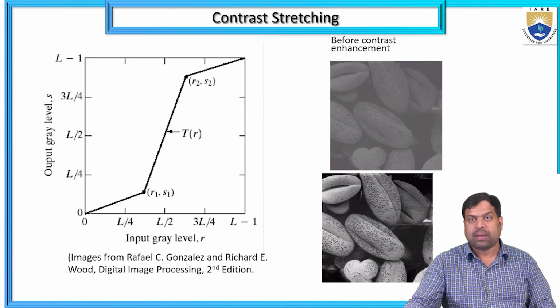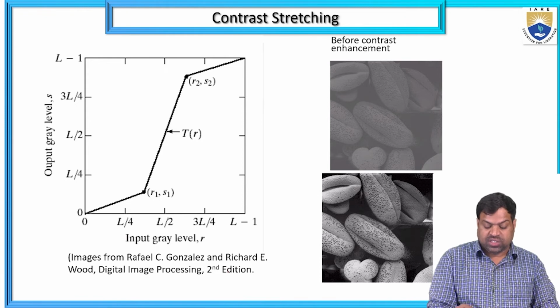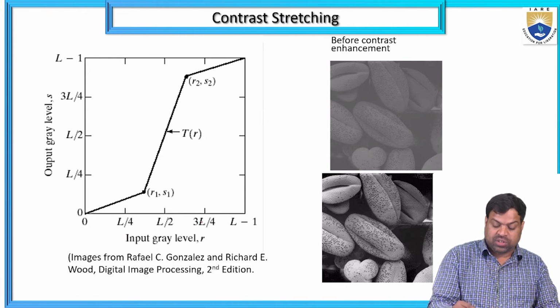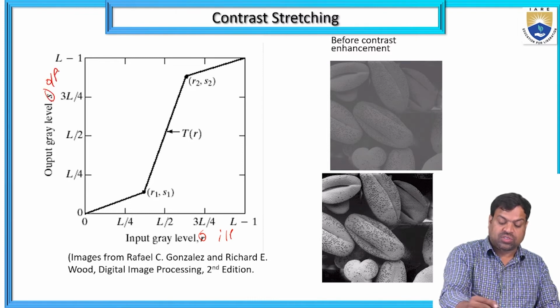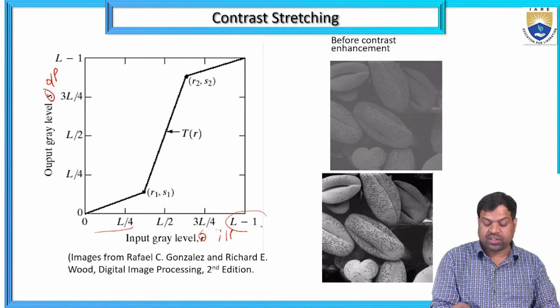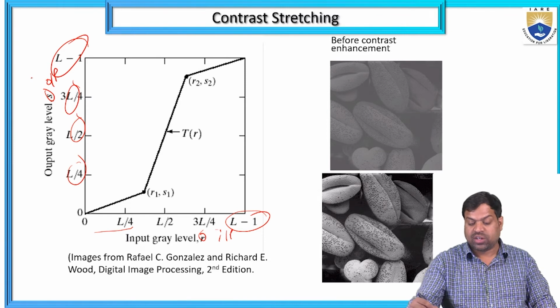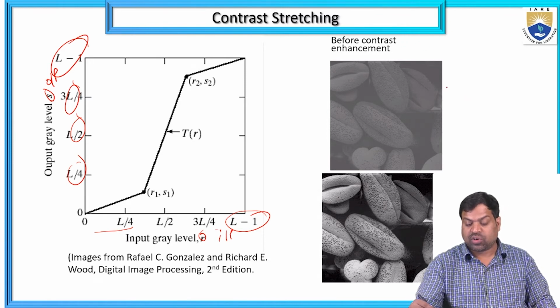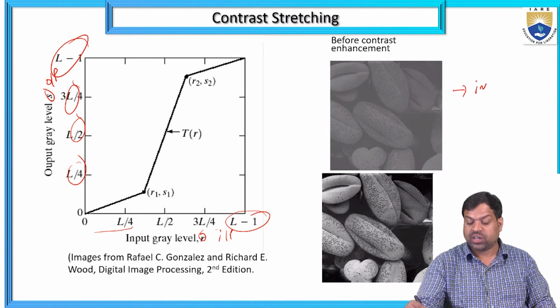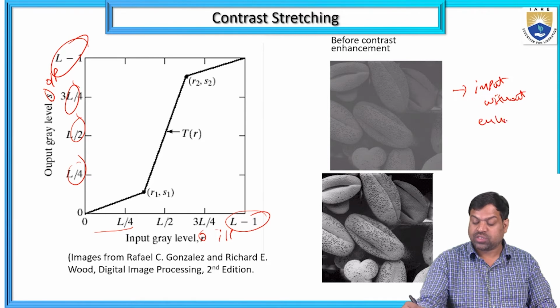So here the image has input gray levels and it has outputs. These are the levels 0, L by 4, L by 2, 3L by 4, and L minus 1. Okay. So this is before contrast enhancement. I am considering it as an input without enhancement.